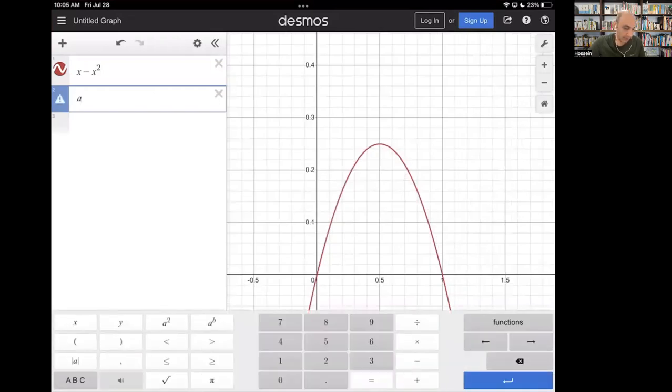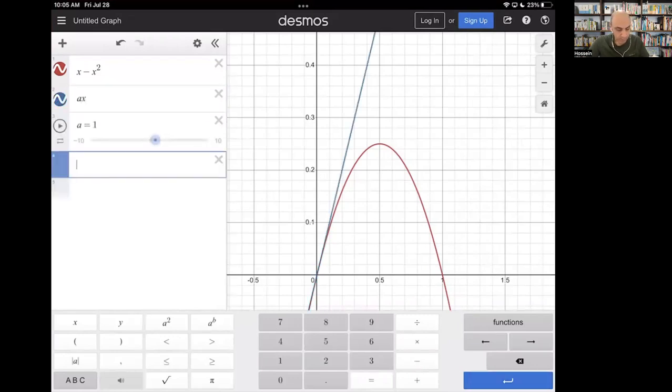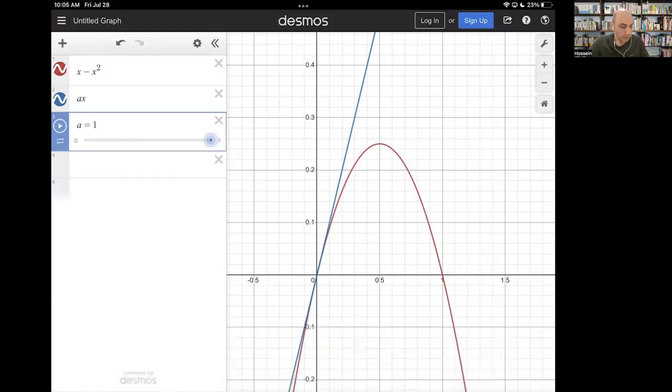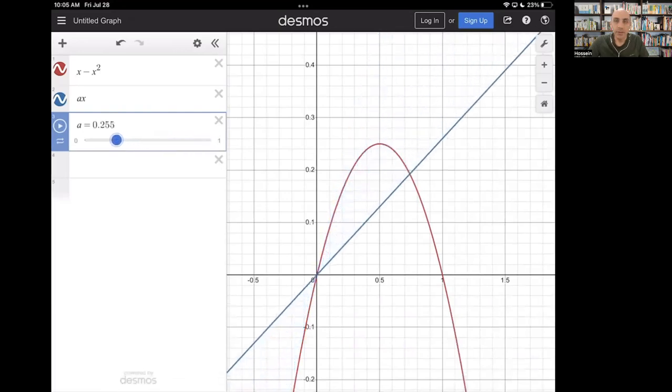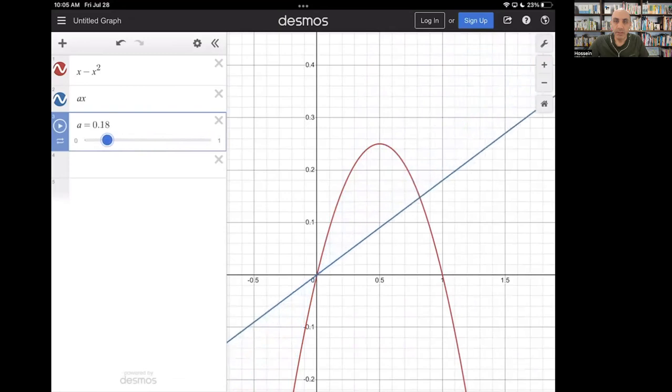The slope is a, unknown, times x. And then let me use a slider here. As you can see, I'm changing the slope of the line here.